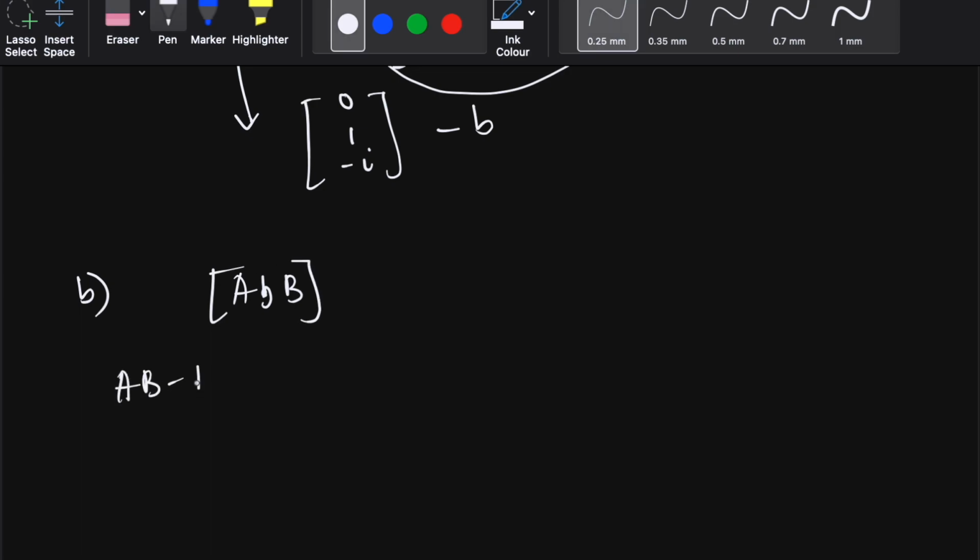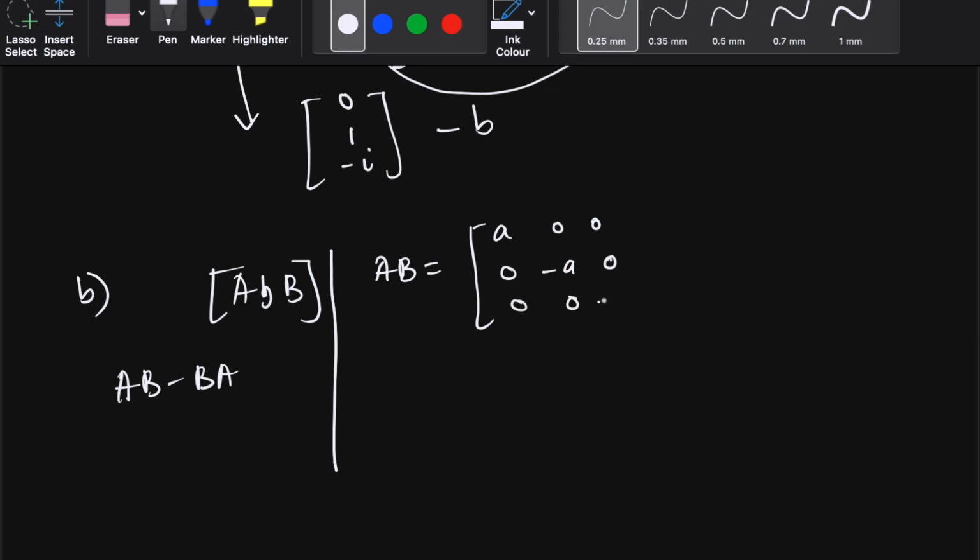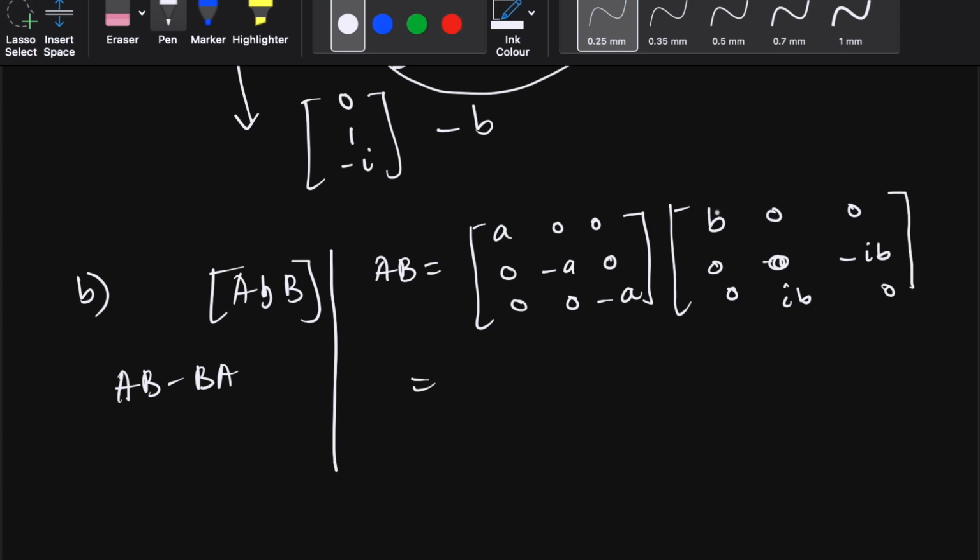Now let us check the commutation relation between A and B, which means we have to calculate AB minus BA. First let us calculate A times B, which is the matrix (a 0 0; 0 -a 0; 0 0 -a) multiplied by (b 0 0; 0 0 -ib; 0 ib 0). The first row gives ab, 0, 0.